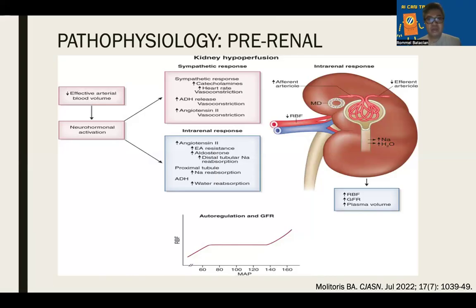But sometimes, depending on the inciting agent that led to the decreased effective arterial blood volume, if that is not responded to, these responses can only compensate for a particular time. And definitely it would lead to retention of metabolic waste, leading to increase in serum creatinine, or a decline in the urine production, leading to oliguria or anuria.